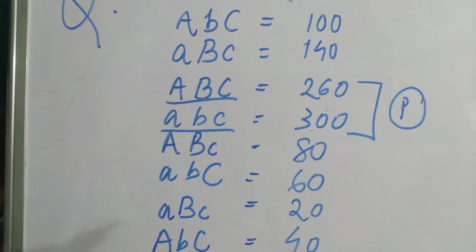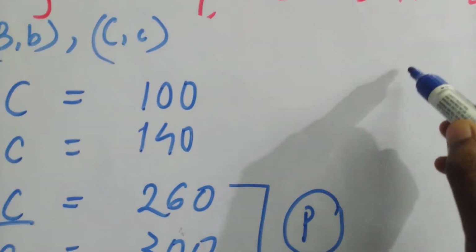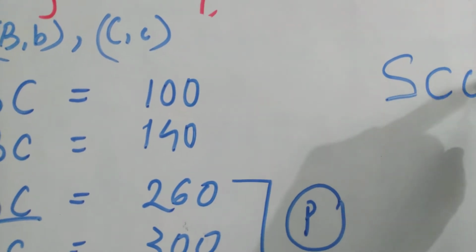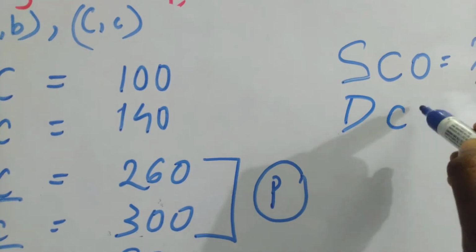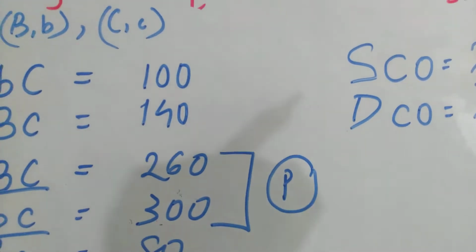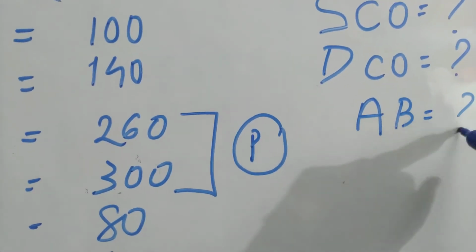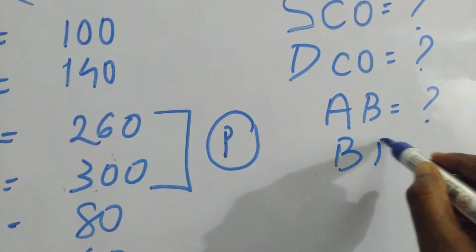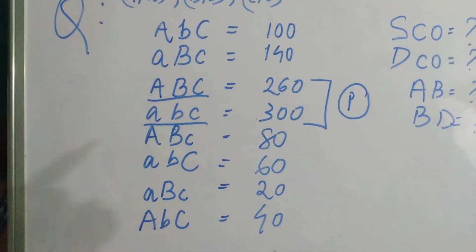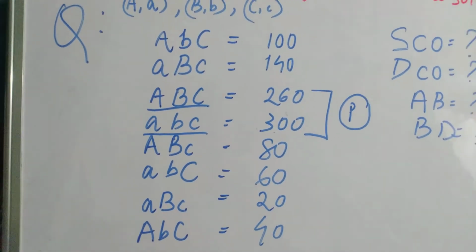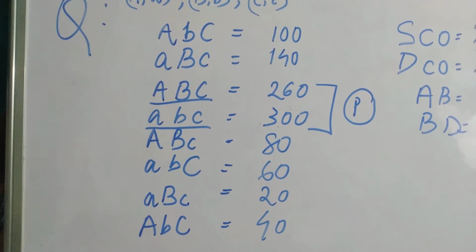In such questions, they can ask many things, like the number of single crossing over, the number of double crossing over, and the distance between two genes. You can solve all of these from this sequence, and don't worry, the numbers will be provided in your examination questions.